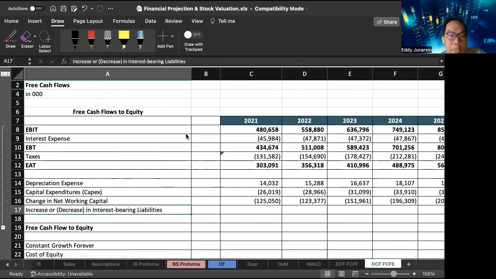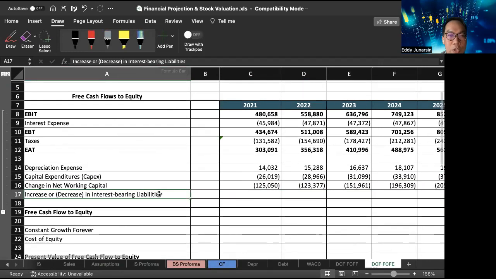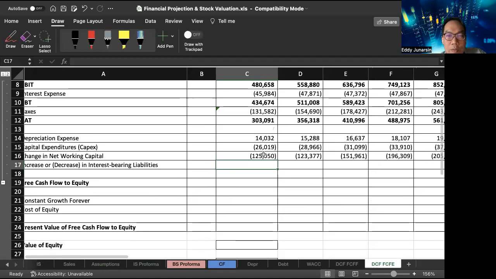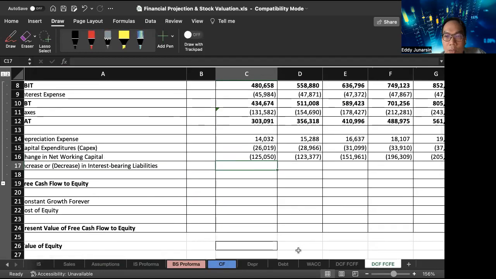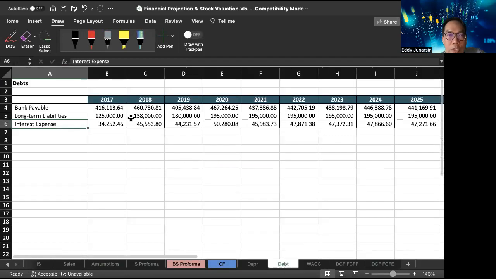Okay, now increase or decrease in interest-bearing liabilities. So we have here a separate sheet for this one. So interest-bearing 21, and the difference between 21 and 20, 22 and 21, and so on.